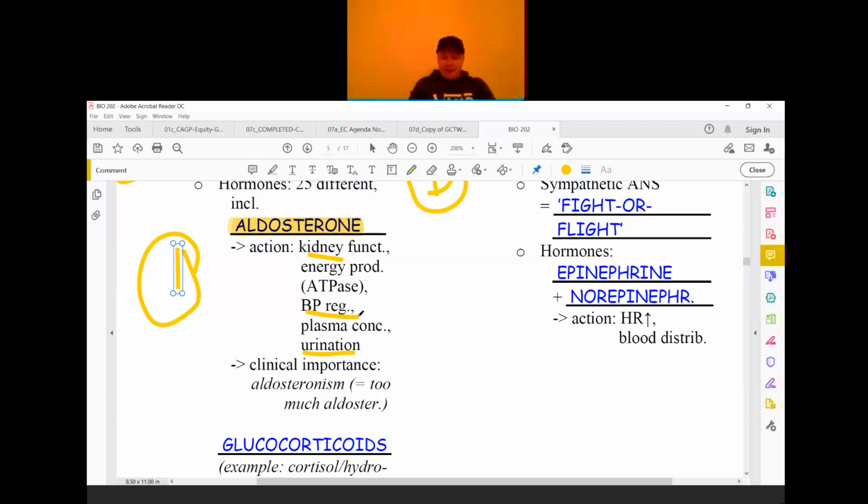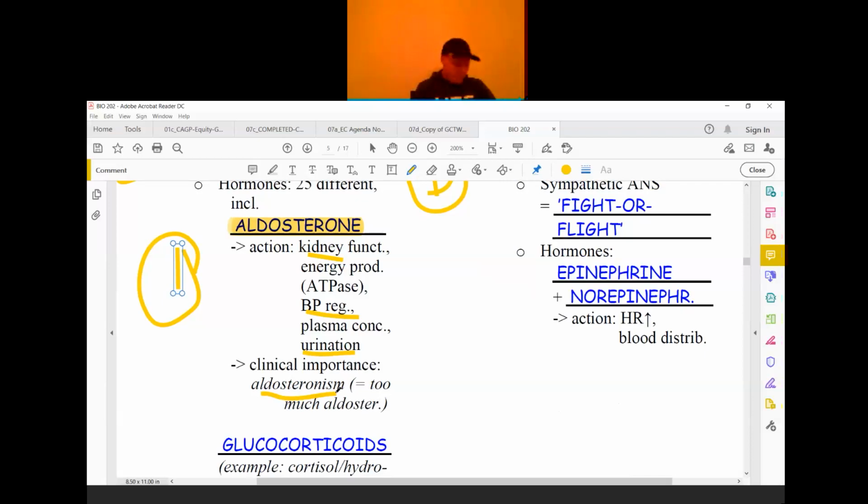Blood is made of plasma, as we'll see in the second chapter that we're going to review. So it's not surprising that aldosterone also affects the concentration of that, and also energy production as a process of making ATP. The reason I wanted to highlight aldosterone is that there is a medical condition called aldosteronism, where too much aldosterone is being produced.